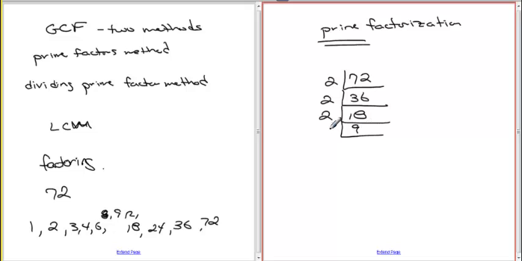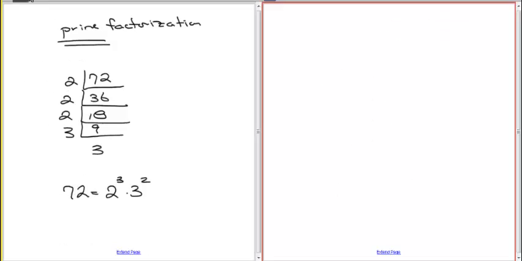Then I ask, can I divide that by the next prime number, which is 3? The answer is yes. And so the prime factorization, and you want to write this out in exponential form, is that. So that's what prime factorization is. This is factoring. And then you can use this prime factorization in the prime factors method. You can review the last video if you didn't know what you were doing.